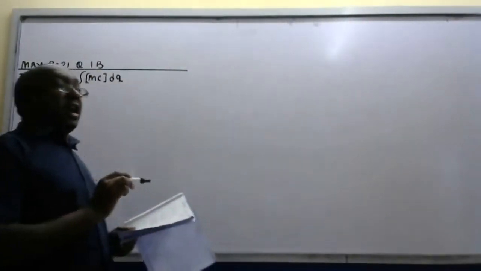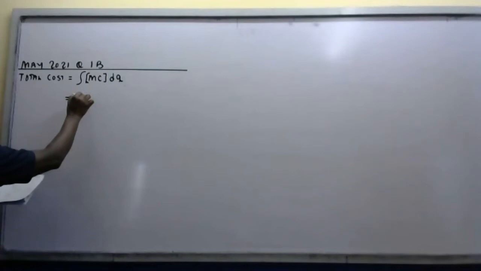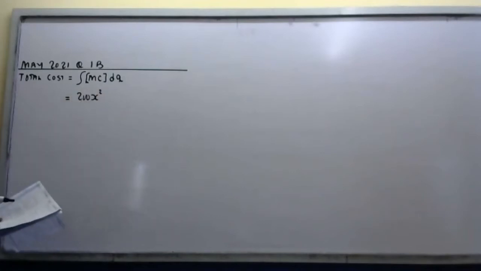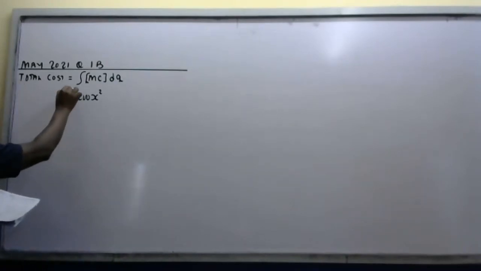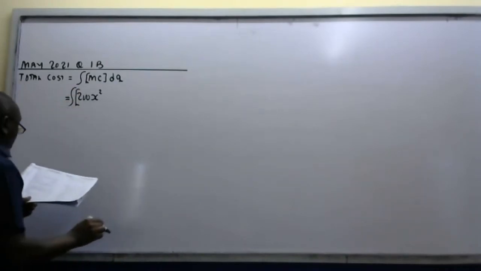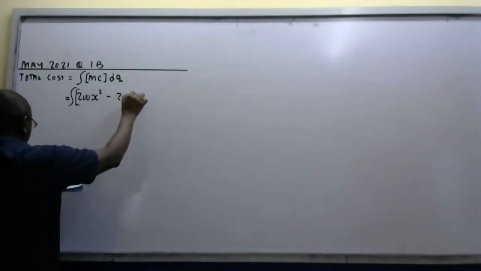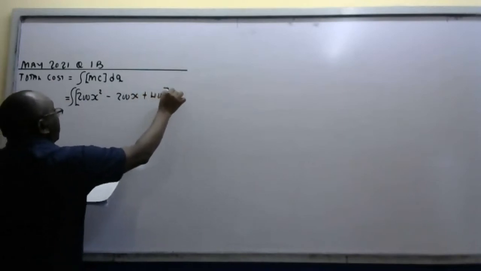So to integrate, you take the marginal cost function, which is given as 200x squared minus 200x plus 400, and integrate it.